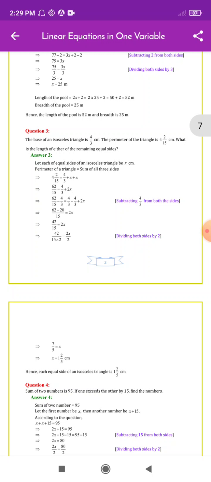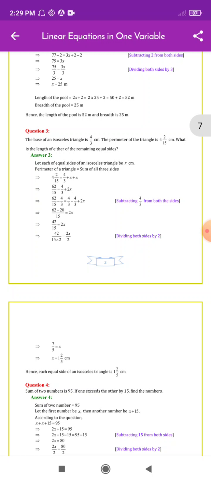Okay, now see, now what you have to do, we have to just see here, if we are shifting this number 4 upon 3 and putting the 2x on one side. So what we'll get, we have to subtract here, plus 4 upon 3 is given in the question. So we have to take the subtraction. So 4 upon 3 will be subtracted on both sides.